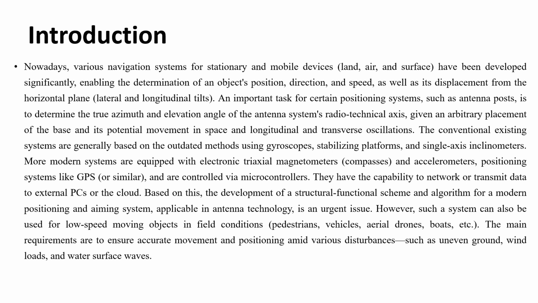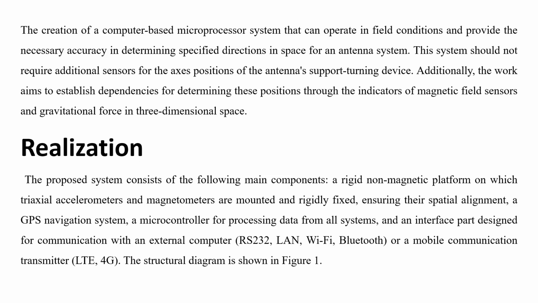The development of a structural functional scheme and algorithm for a modern positioning and aiming system applicable in antenna technology is an urgent issue. The creation of a computer-based microprocessor system that can operate in field conditions and provide the necessary accuracy in determining specified directions in space for an antenna system.